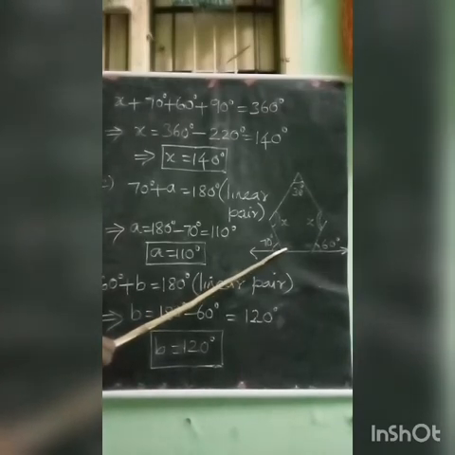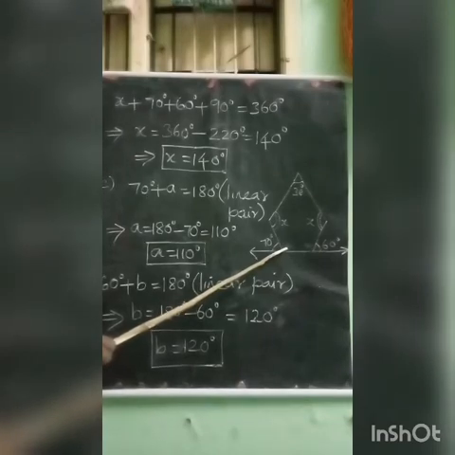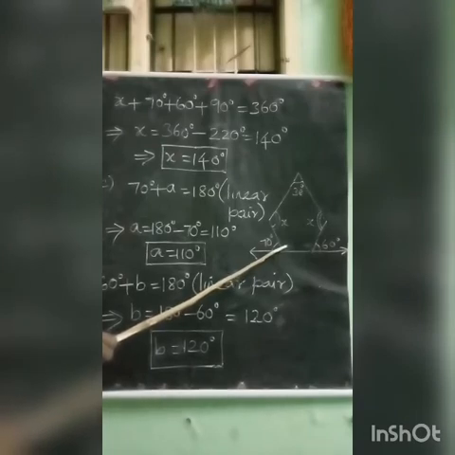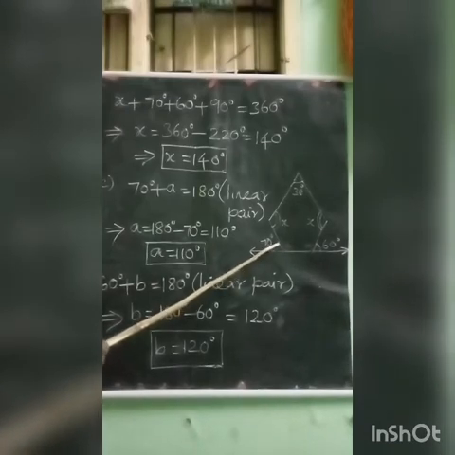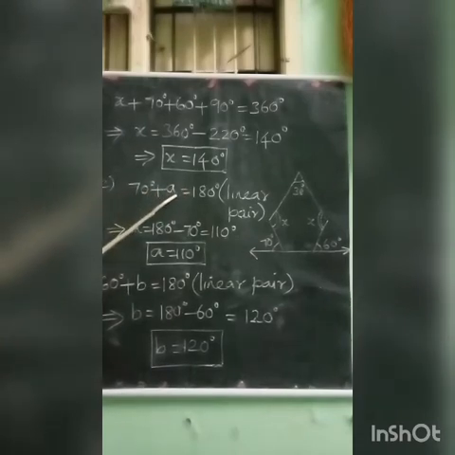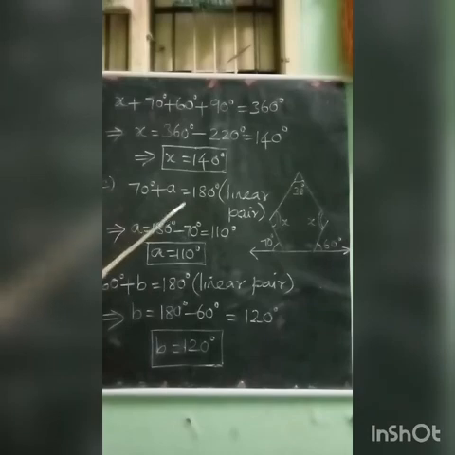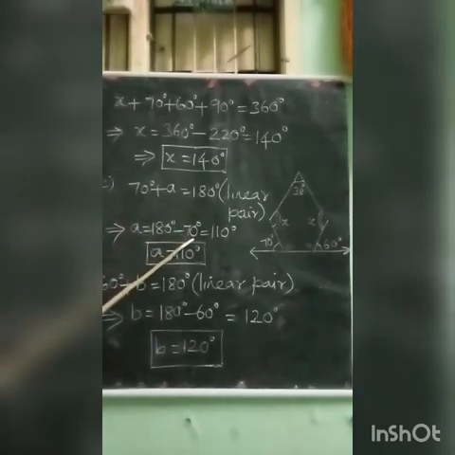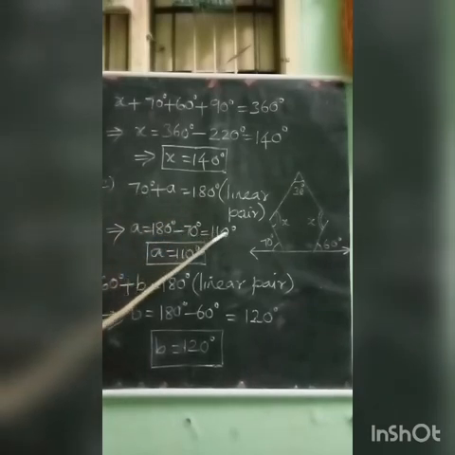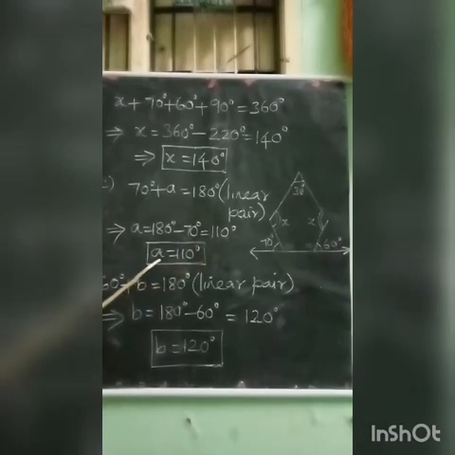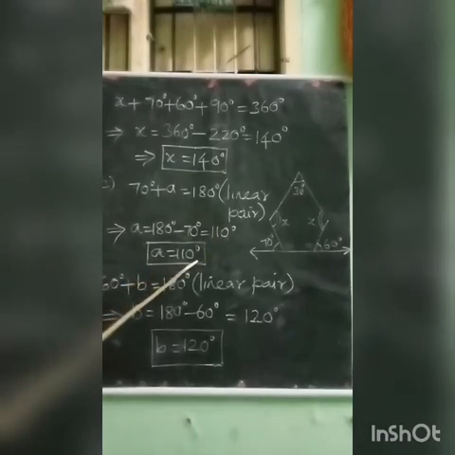A linear pair is supplementary, meaning the sum of the two angles is 180. Therefore, 70 degree plus A equal to 180 degree, which implies A equal to 180 degree minus 70 degree equal to 110 degree. Therefore, the measure of A equal to 110 degree.